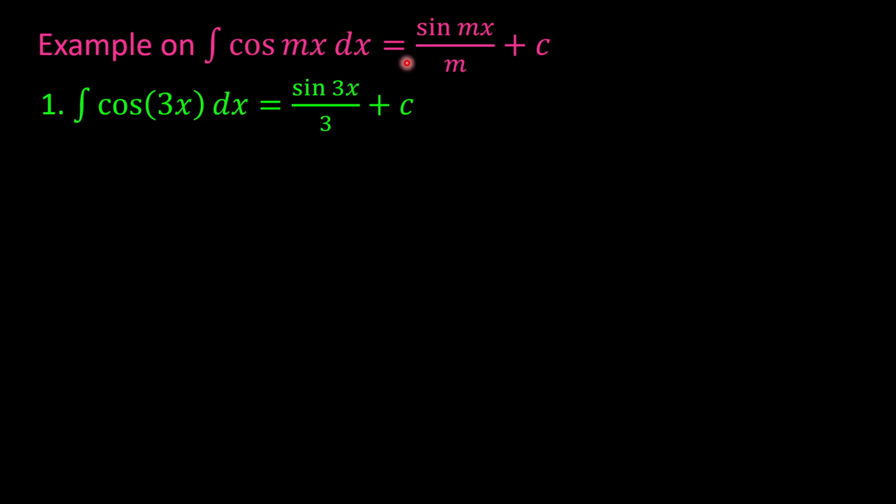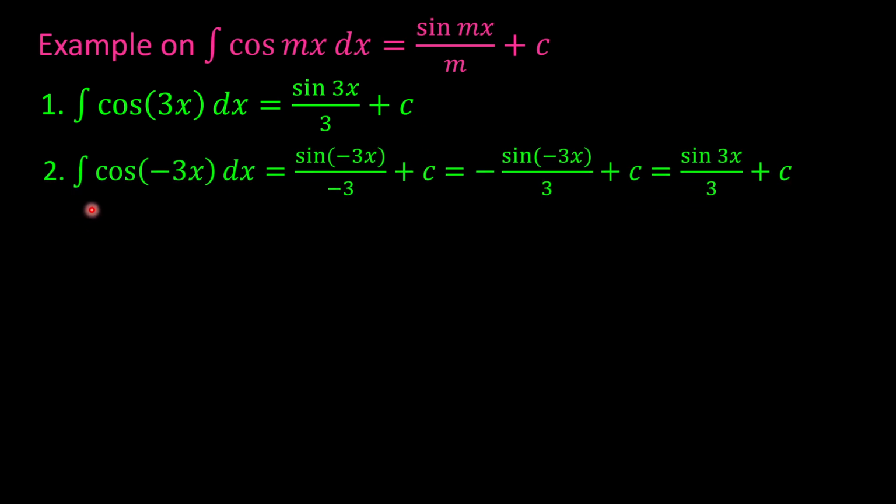So on the right side we'll draw the horizontal line first, then above this line we put sin mx, because cos mx becomes sin mx, so cos of 3x becomes sin 3x. And below we put the value of m. Here the value of m is 3, so I put it here, and plus c, where c is the integral constant.